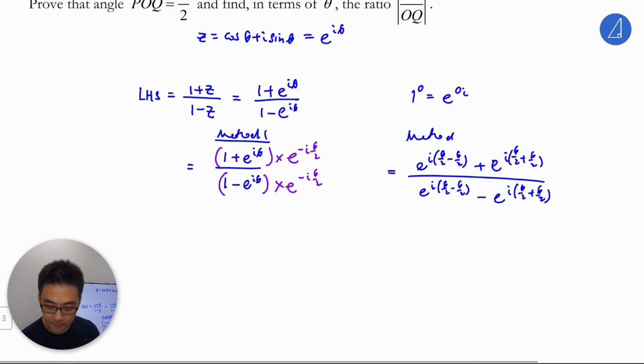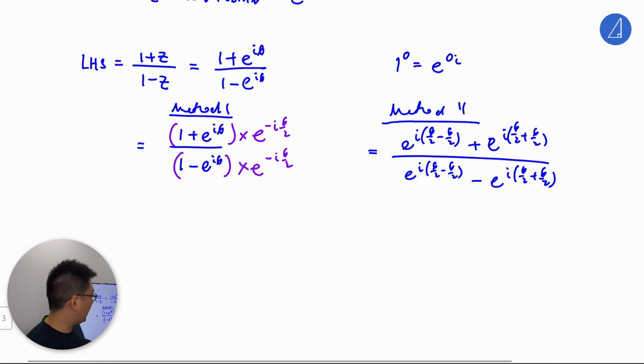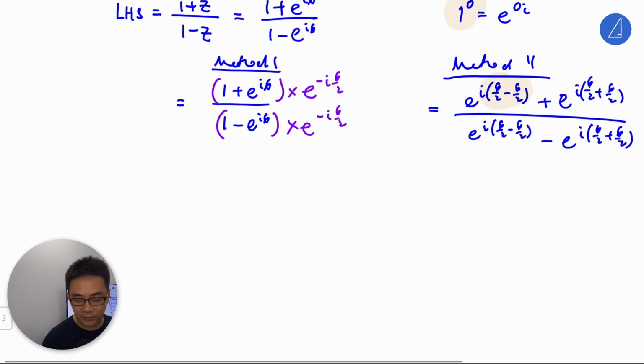So method 2 is you factorize. Method 1 is multiply. I tend to use method 1 more because it's easier. You can see why it's easier. One is just e^0, 1 here. So you just do whatever you prefer. I prefer the first one.